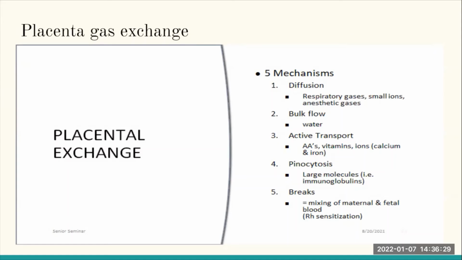For example, respiratory gases, small ions, and anesthetic gases can transfer across the placenta because they're small molecules. Bulk flow, we can see that with water. Active transport requires ATP, and you will have amino acids, vitamins, and ions like calcium use active transport.